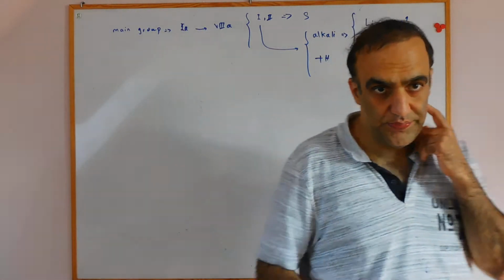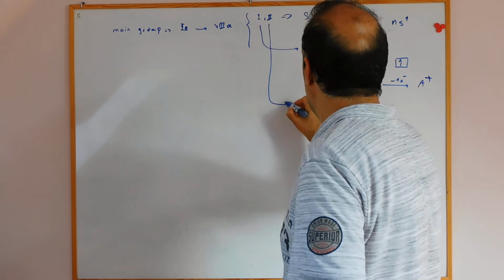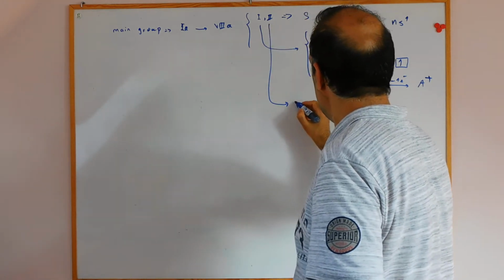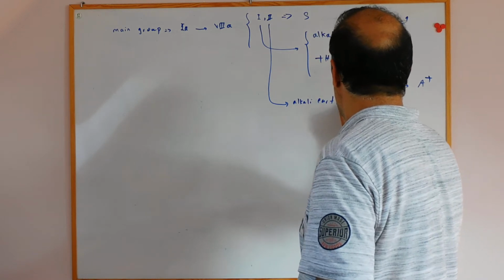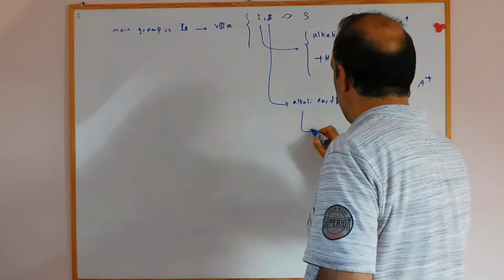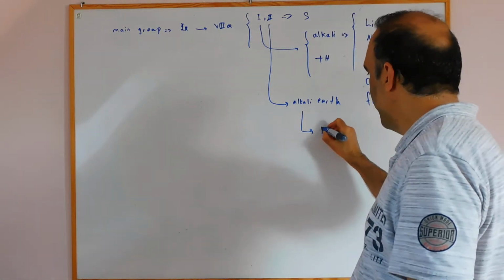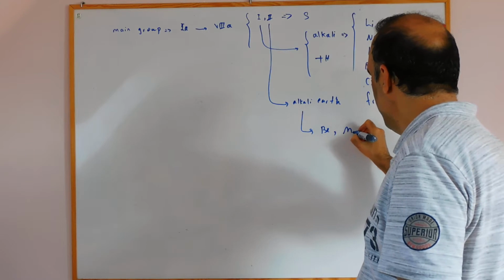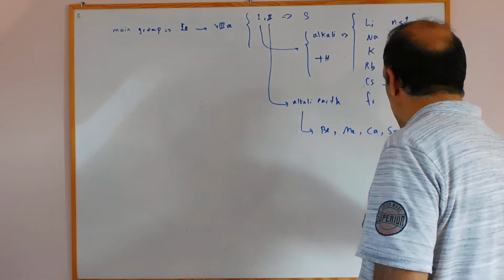And the second group is the alkaline earth metals. These elements start from beryllium, magnesium, calcium, strontium, barium, and radium.